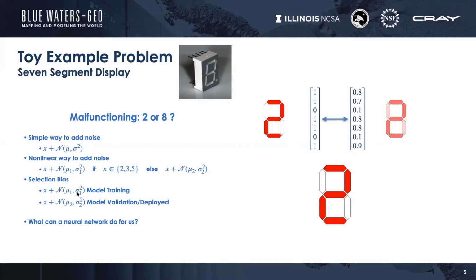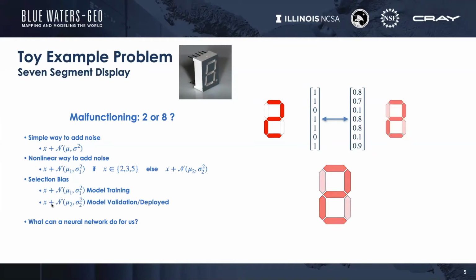So your training happens on input data that, even though it represents the same fundamental thing, looks different to the model during training than during deployment or inference. All right, so this is the toy problem and the character of the data.